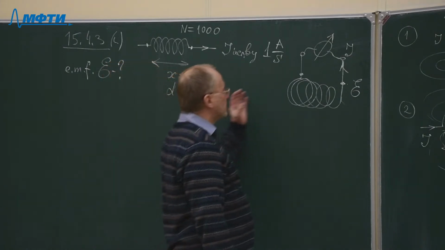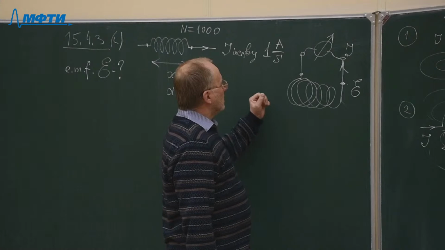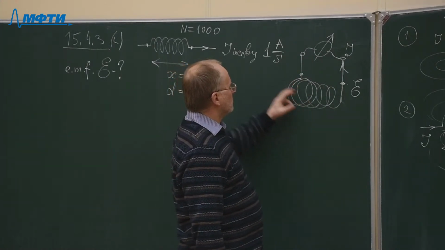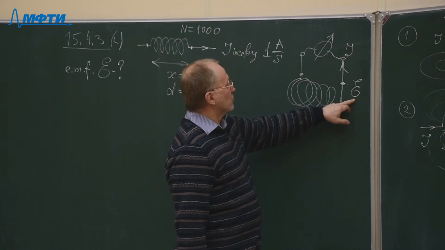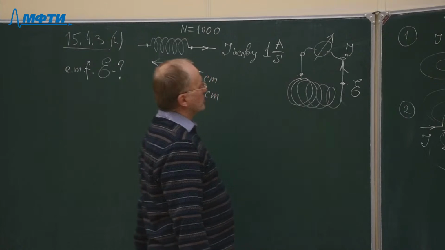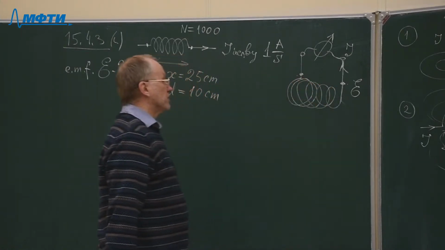So by changing the magnetic flux through this coil, we may arrange for the current flowing, and it means that there is some electromotive force which is just the potential difference emerging here at the terminals of this coil.